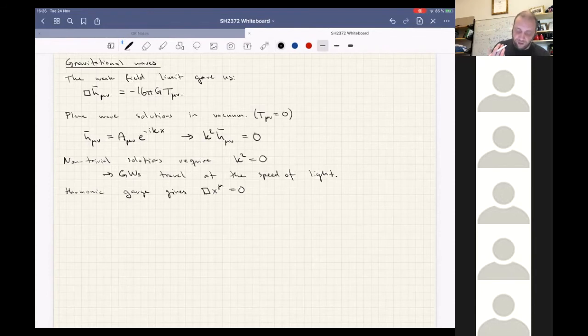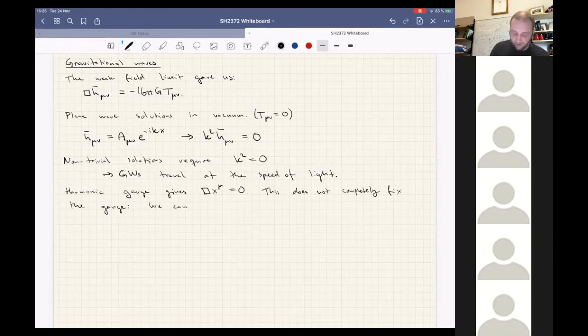Now, this gauge condition does not completely fix our gauge, because we can still do coordinate transformations here.